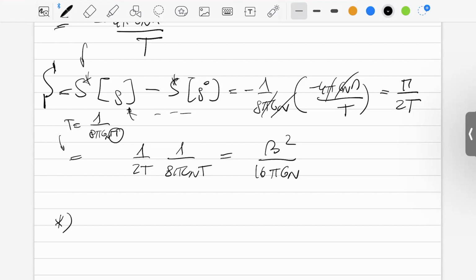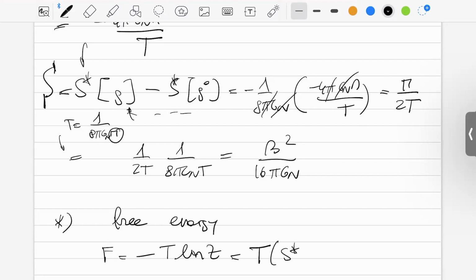For example, you can compute the free energy, the Helmholtz free energy. I think this is the correct name. So F is equal to minus the temperature times the logarithm of the partition function. So you have T, remember that the partition function was e to the minus S star. So here you have T times S star, well, actually the difference.